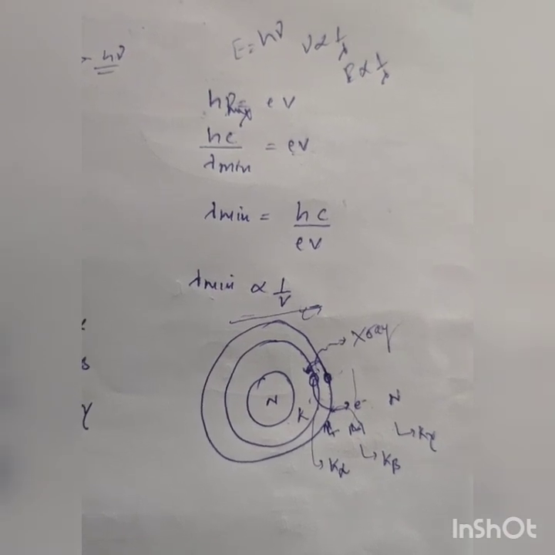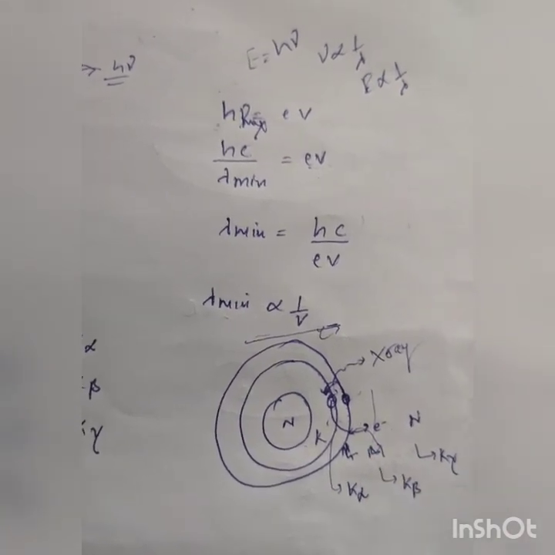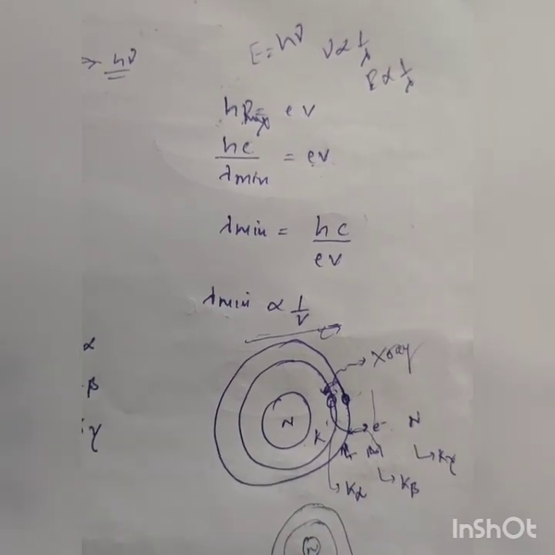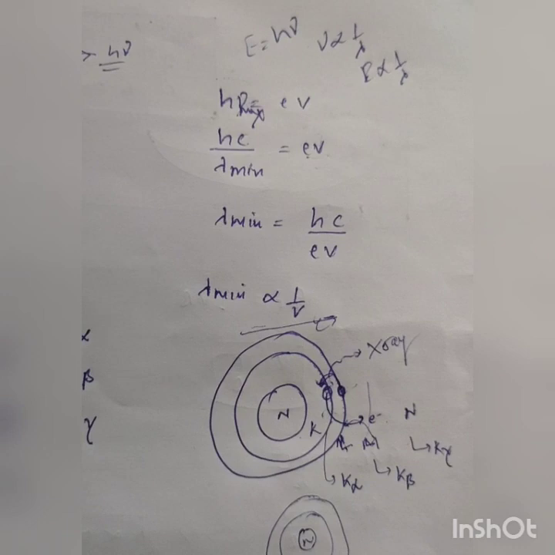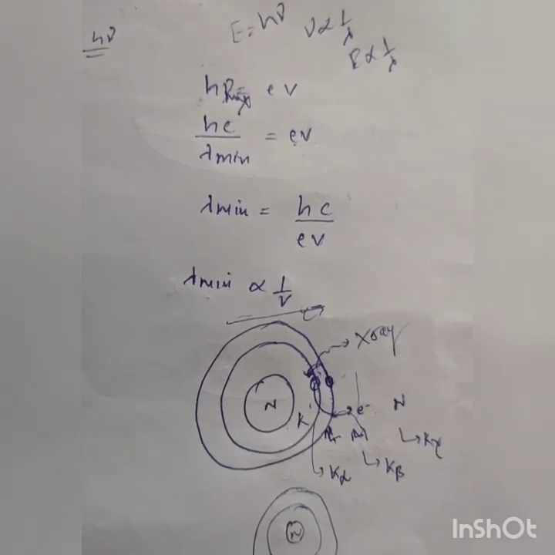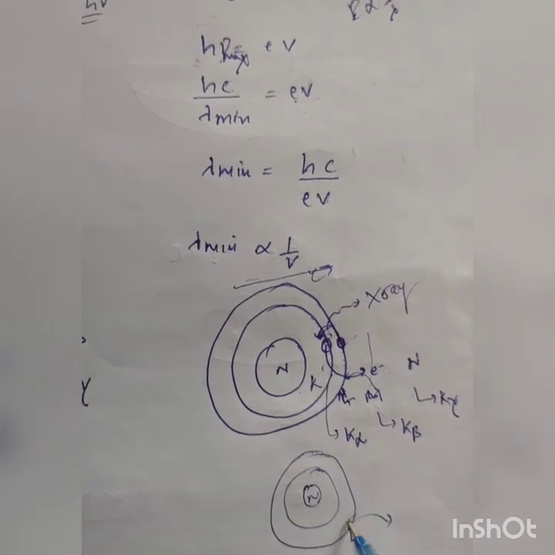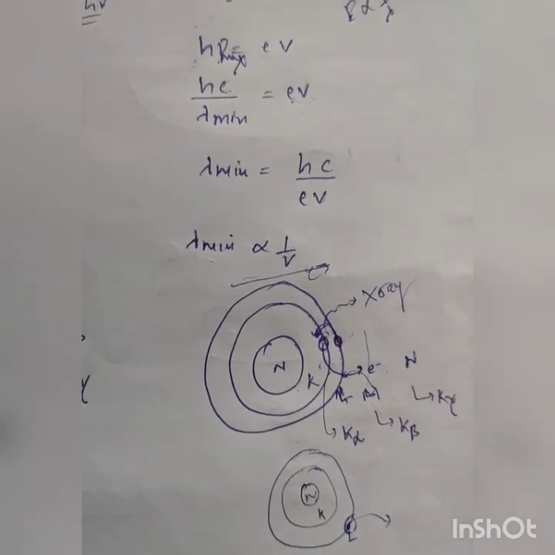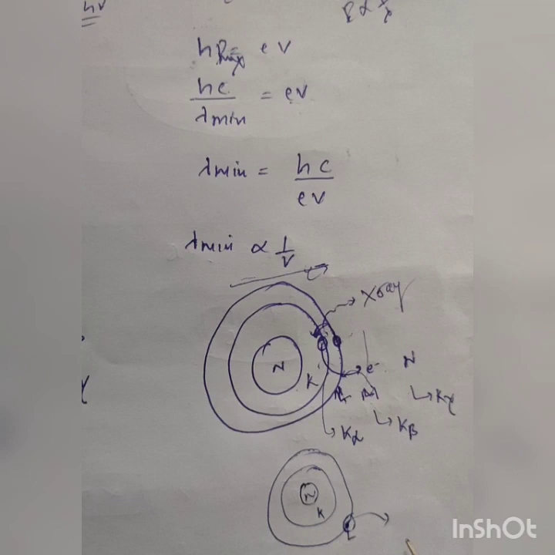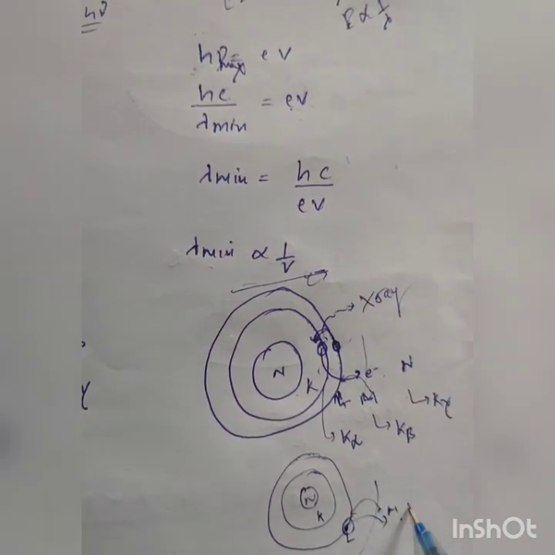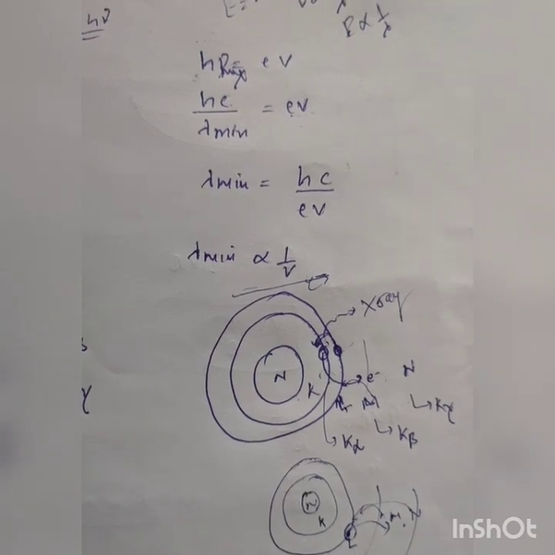Similarly, when a vacancy is created in the L shell, the electron from the L shell is emitted out. Then the vacancy created in the L shell will be filled by higher shells: M shell, N shell, and so on.